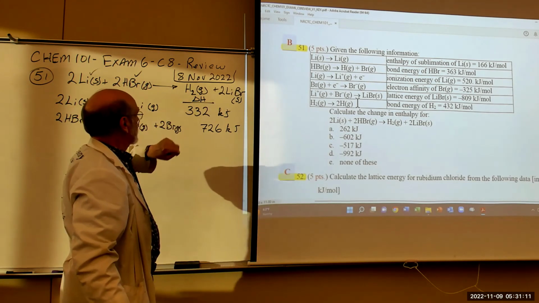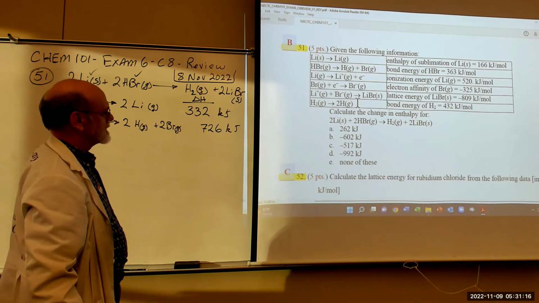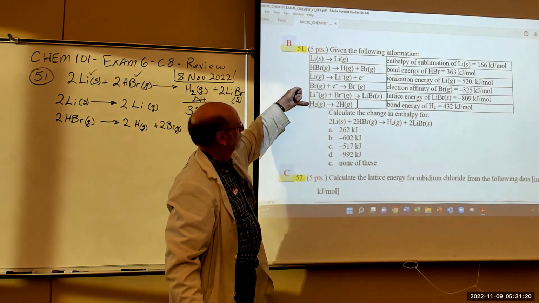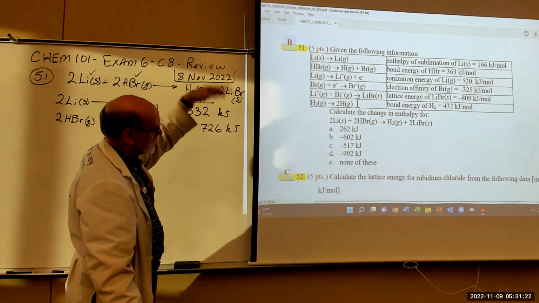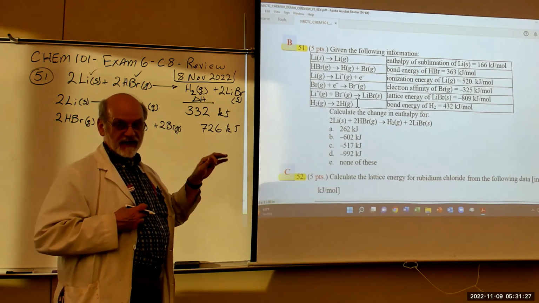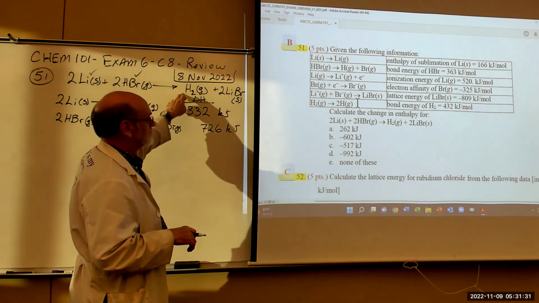Now we need hydrogen gas. Who's got hydrogen gas? This one right here. But it's on the wrong side. It needs to be on the other side, which means we need to change the sign on the enthalpy. And we don't have to multiply. Right?